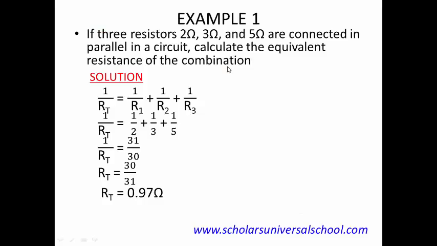Now, for the current, the total current flowing through the circuit is an addition of I1, I2, and I3: I1, the current flowing through resistor 1, I2, the current through resistor 2, and I3, the current through resistor 3. From Ohm's law, the potential difference across the circuit is equal to the total current and the total resistance offered to the circuit, the total opposition to the flow of current.